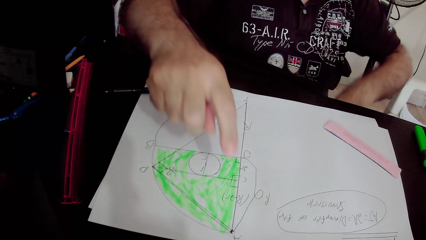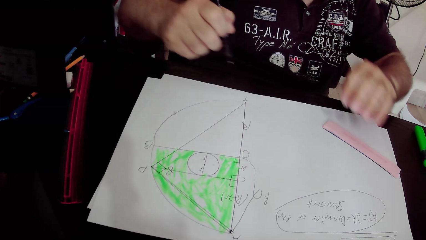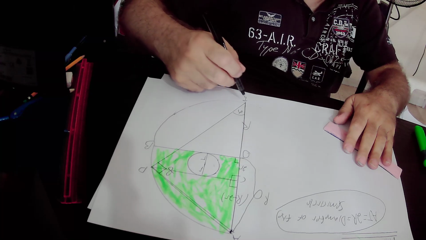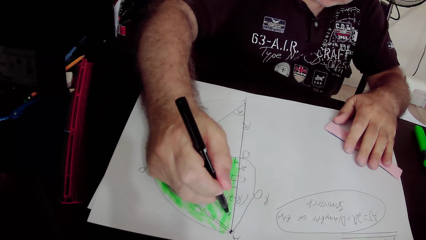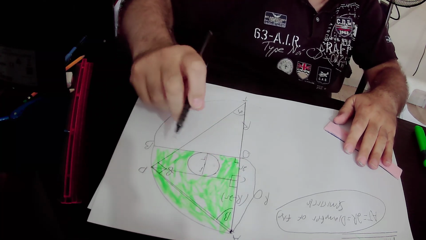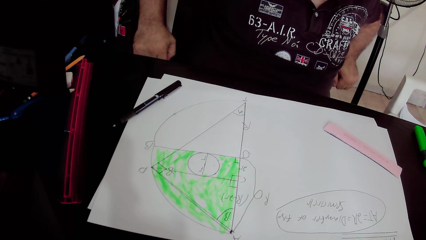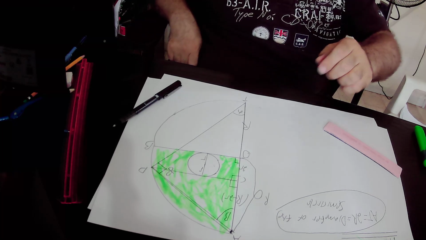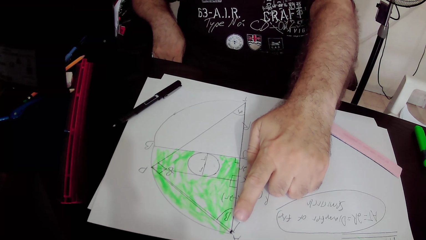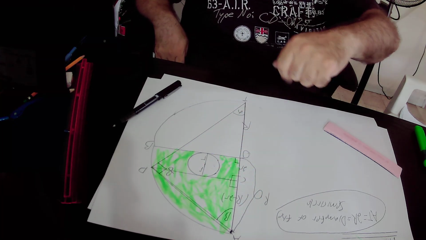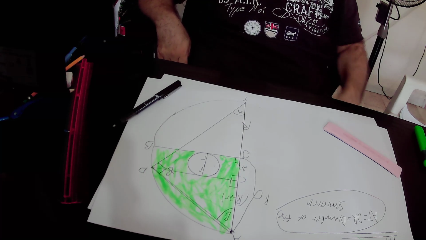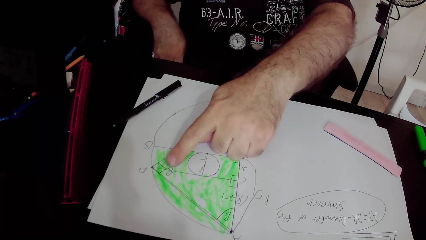We define angle ATD as alpha and angle TAD as beta. We'll focus on the right triangle, triangle ADT. In the right triangle ADT, this angle equals 90 degrees.